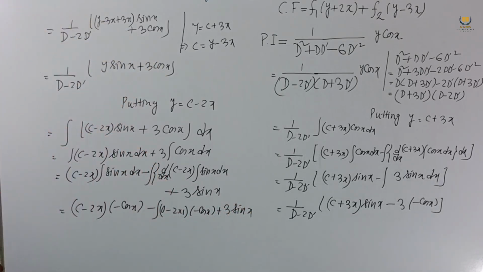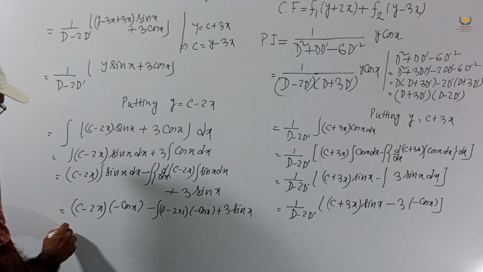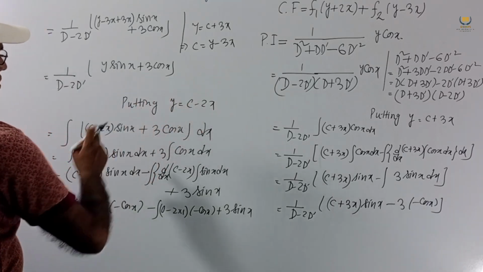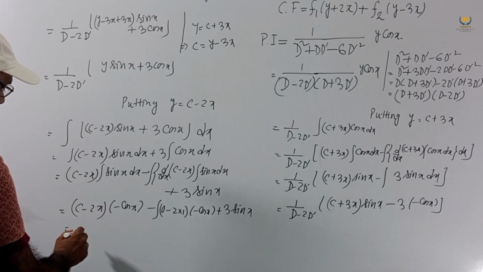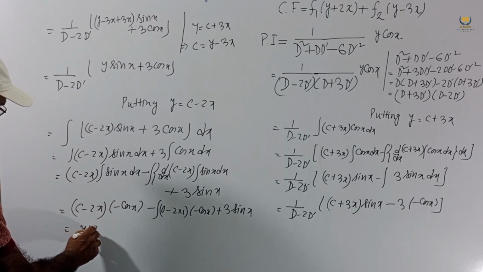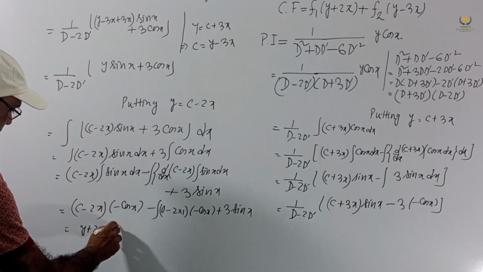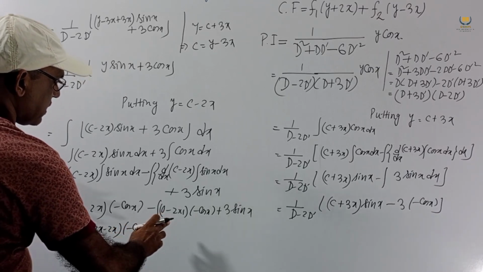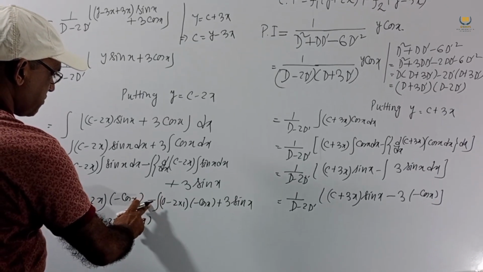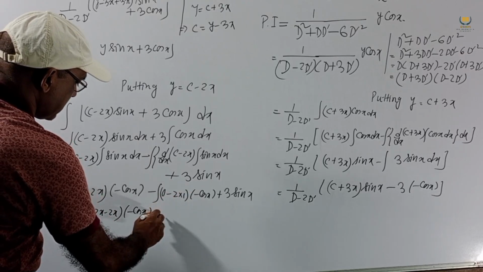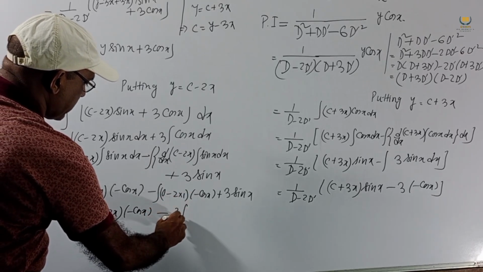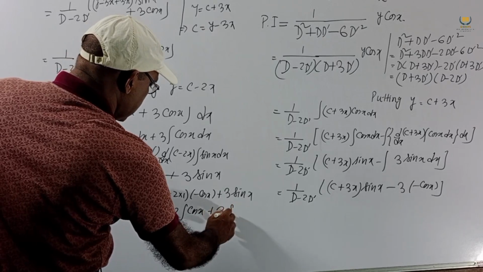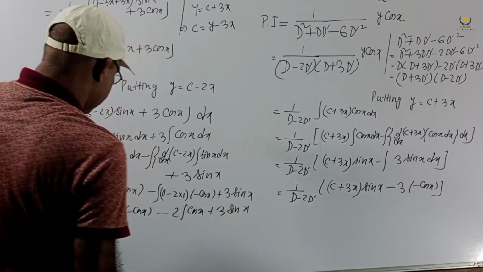We get this, and putting the value of c as y + 2x: y + 2x - 2x, times minus cos x, and minus minus plus again minus, 2 integration of cos x plus 3 sin x.